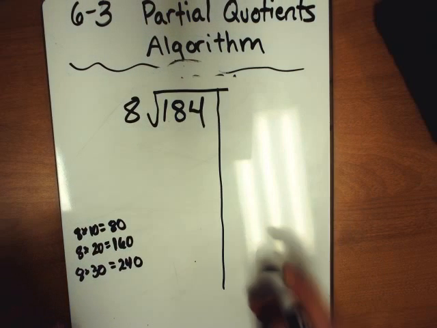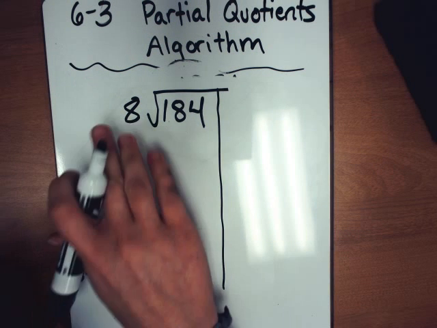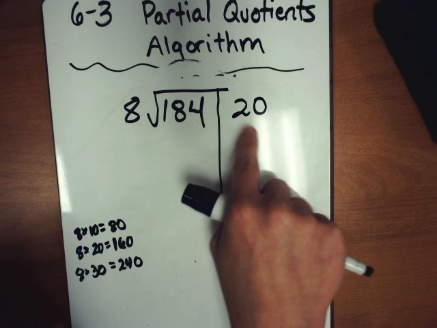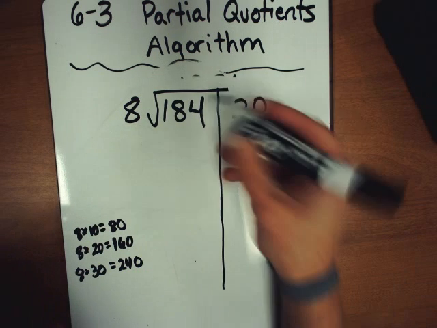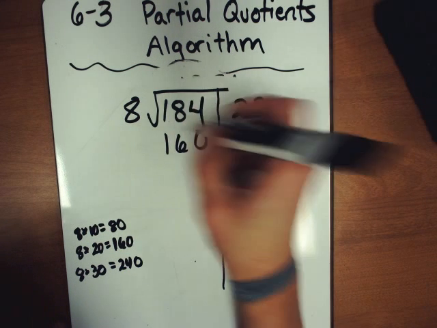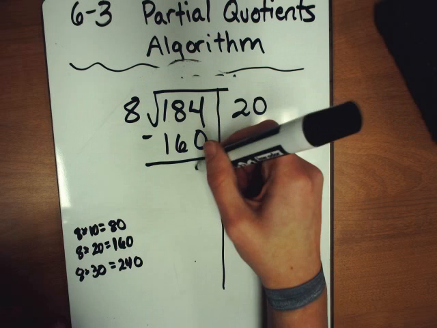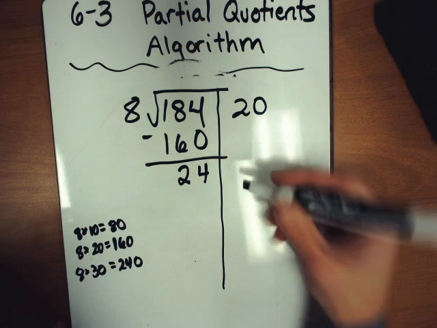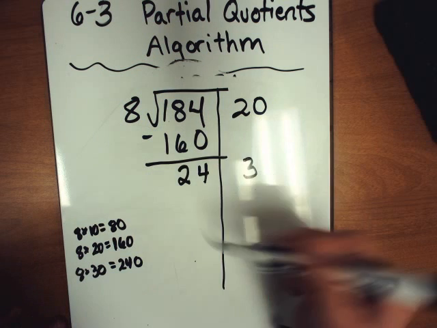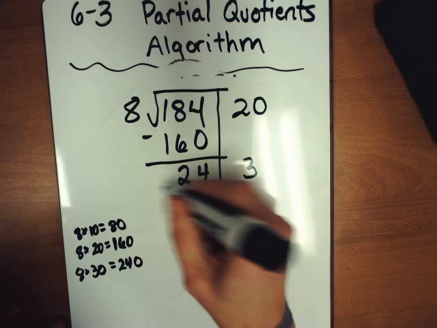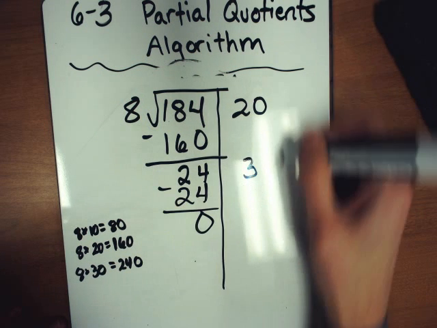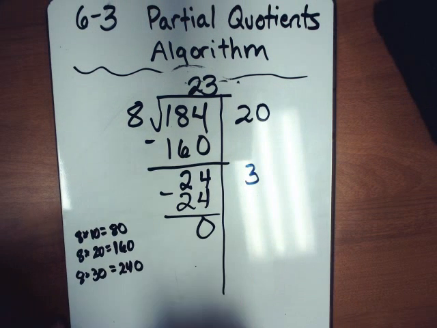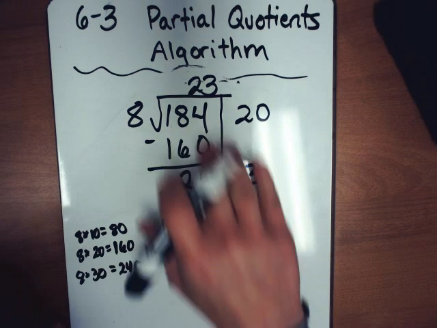I'm going to share out 20 into each group because I know 8 times 20 is 160. As I go on, I've got 24 left to share. Well, I know 8 times 3 is 24. So I've got 20 plus 3, or 23. So 184 put into 8 equal groups is 23.